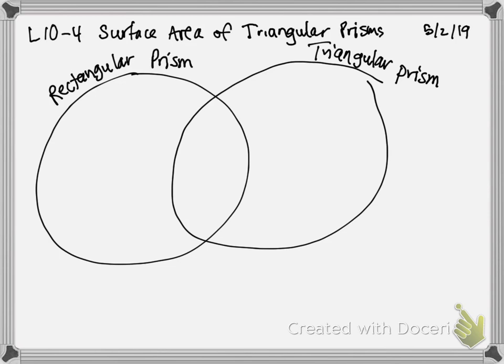So let's talk about things that they have in common. So we've talked about how, you're right, I heard this one, they're prisms. That means they have two congruent parallel bases, okay? They're three-dimensional. That's another part of being a prism, is it has 3 dimensions instead of 2, like we studied in Chapter 9.